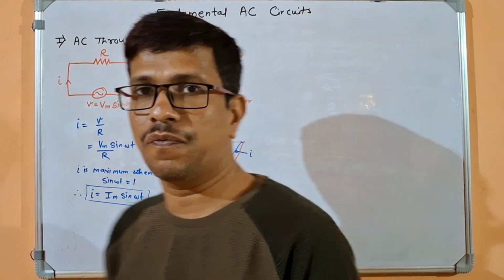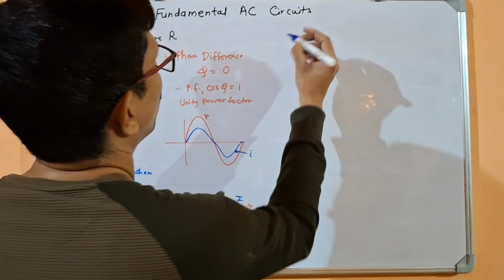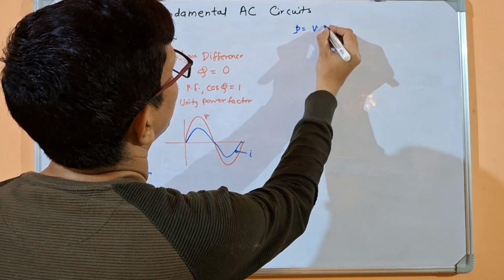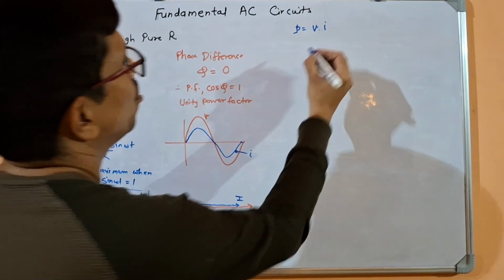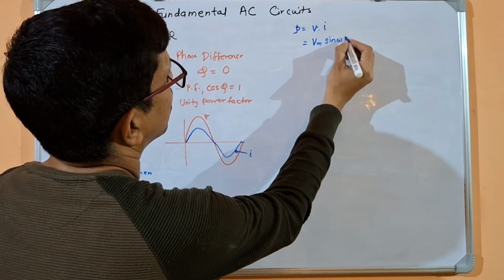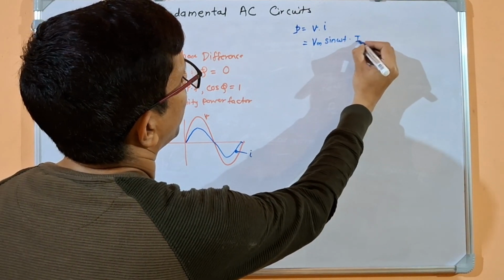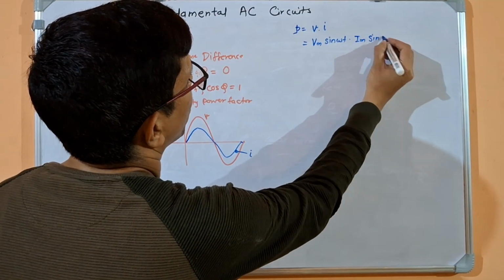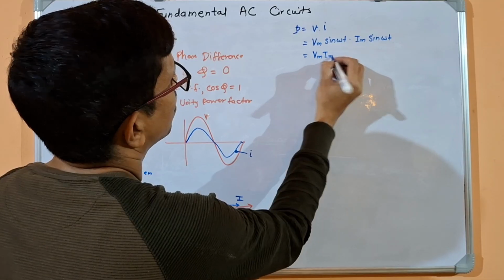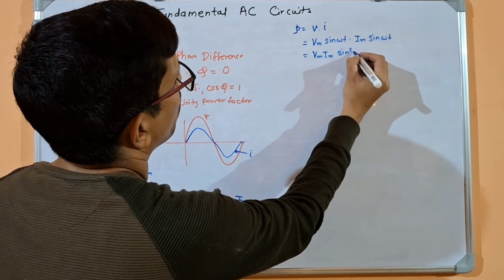Now what is power for this sine wave? If you want to find instantaneous power, p is equal to V into I. So you can write this as Vm sin omega t into Im sin omega t, and therefore you get Vm Im sin square omega t.